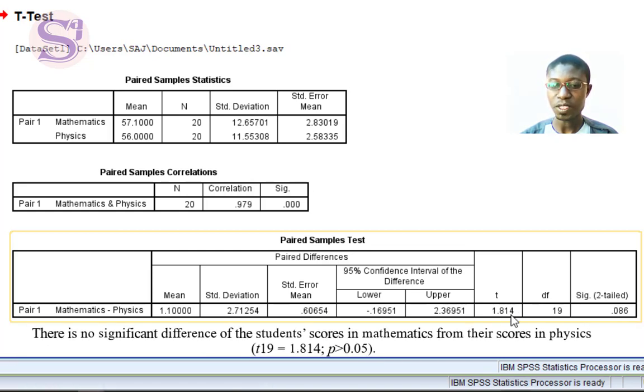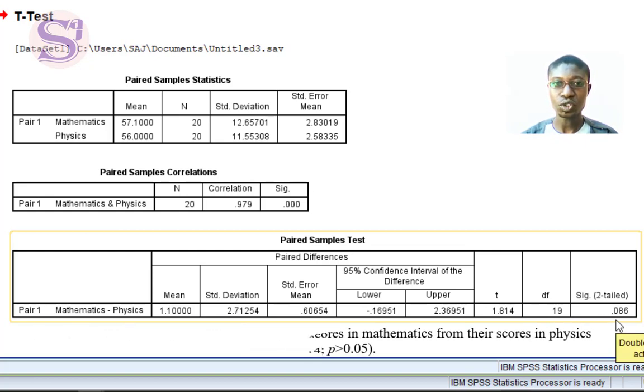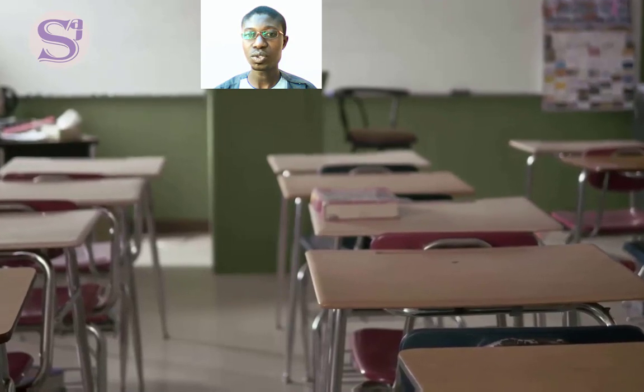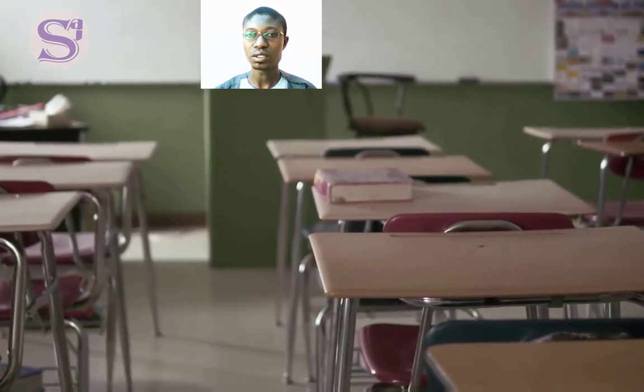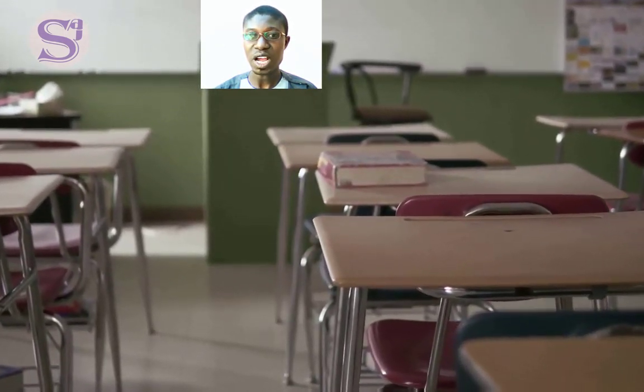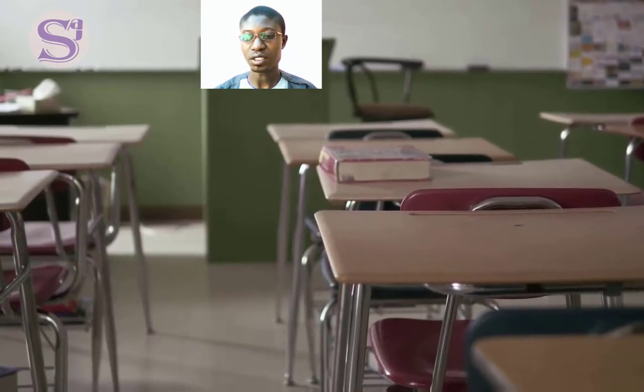So the closeness of the scores did not occur by chance. It was a clear closeness. For that reason, we retain our null hypothesis and conclude that students who score high in mathematics can also score higher in physics.